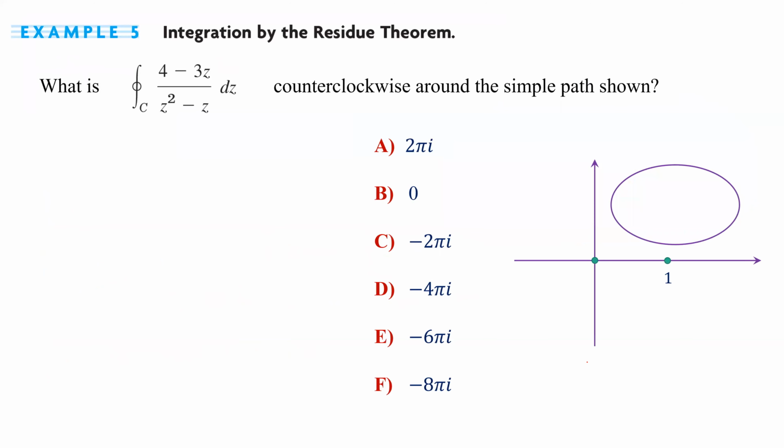Now let's try that. I want to ask you this. What is the integral of (4 minus 3z) divided by (z squared minus z) dz counterclockwise around the simple path shown, that ellipse that you see?